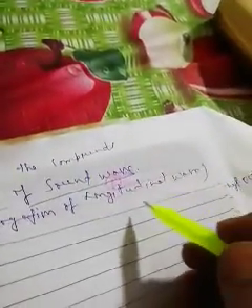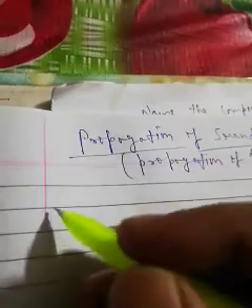When we are talking about a longitudinal wave, it is clear that the definition of a longitudinal wave says that it is that wave in which the particles of the medium vibrate to and fro in the direction of the wave. So we remember that is the definition part. We will start from the definition.